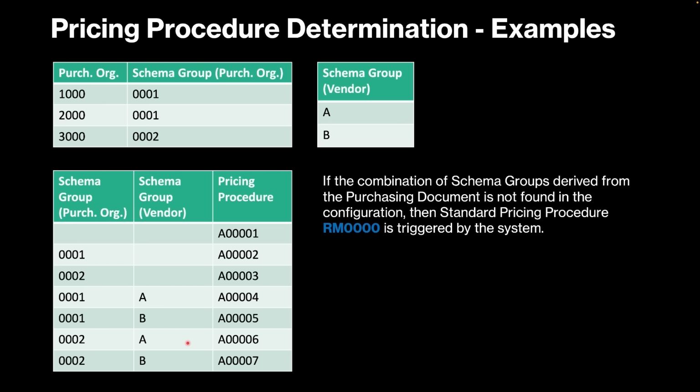Based on that combination, system will determine the applicable pricing procedure. And if the combination of schema groups derived from the purchasing document is not found in the configuration, then system will take the standard pricing procedure, that is RM0000, and this particular pricing procedure will be triggered automatically by the system. So basically this pricing procedure gets determined from the combination of purchase organization and the vendor master.